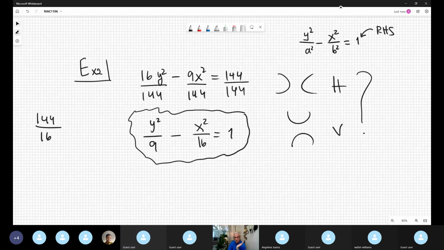You are right. The reason is clear. Because the positive part is associated with the y part. That is the reason que es vertical. So the famous transversal axis is coincident or parallel to the y-axis. Okay? Cool, it's vertical.